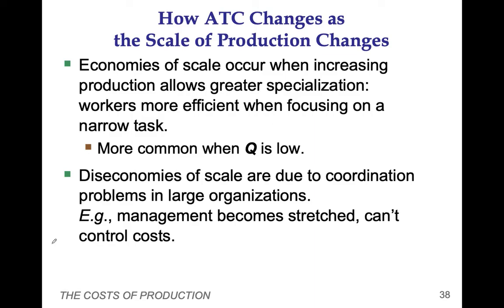This rise in costs is due to the problem of coordination in large firms. If the firm is not able to control its costs, the average total cost will rise. That is why this happens after a certain large level of Q.